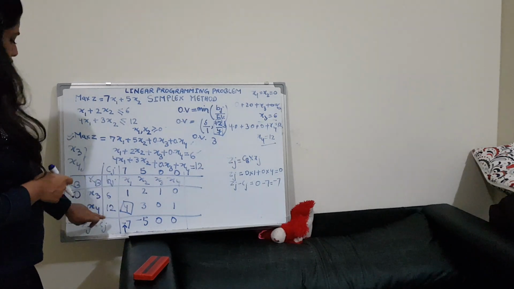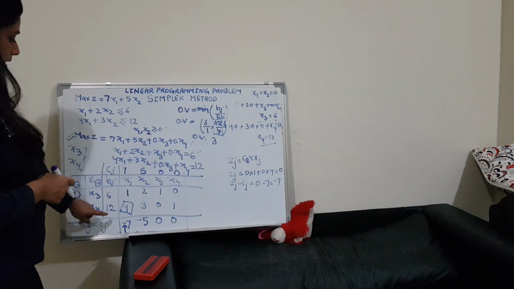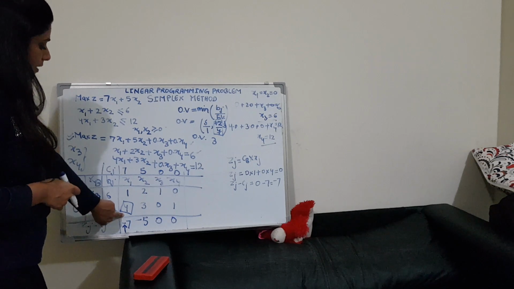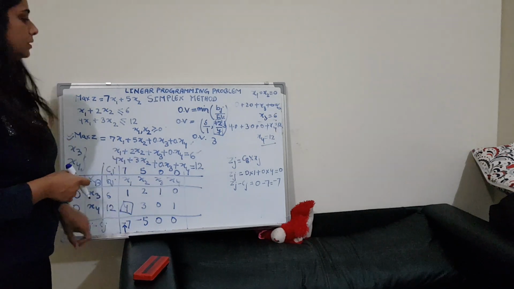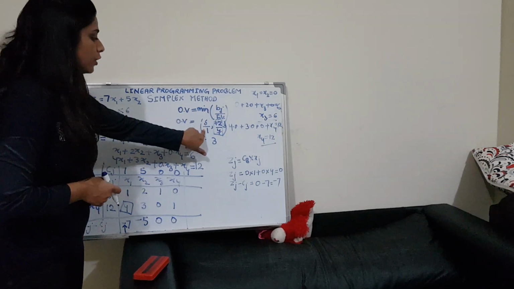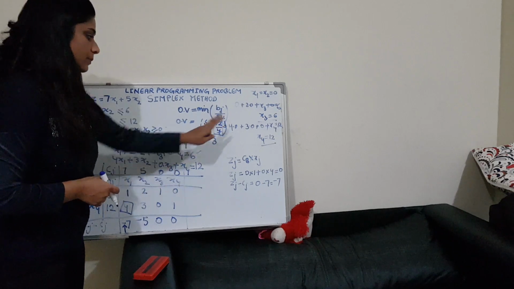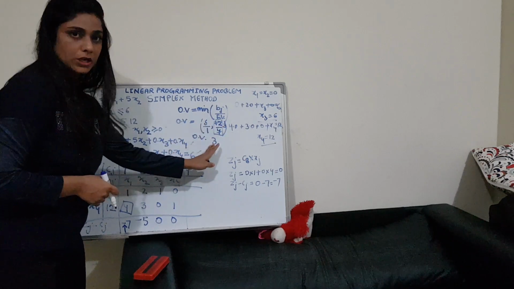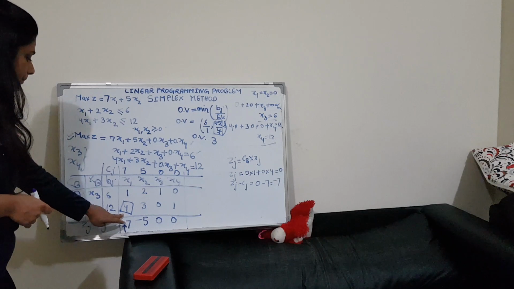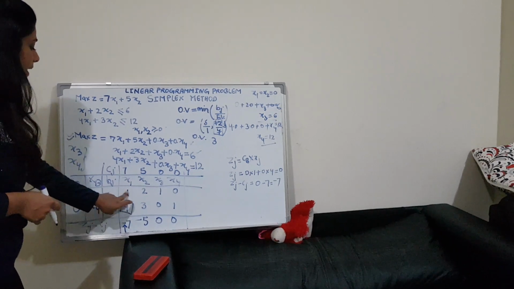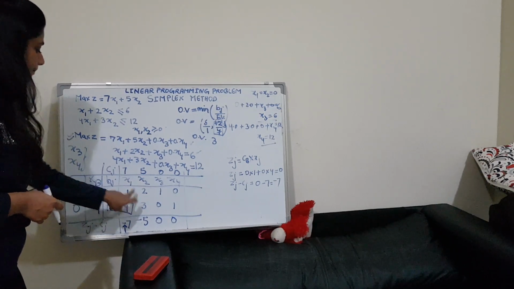For the second row it is 12 upon 4. 6 upon 1 and 3 upon 1. 3 is the minimum. So the outgoing vector is 3, which we are getting from the second row. So we will make a box here.